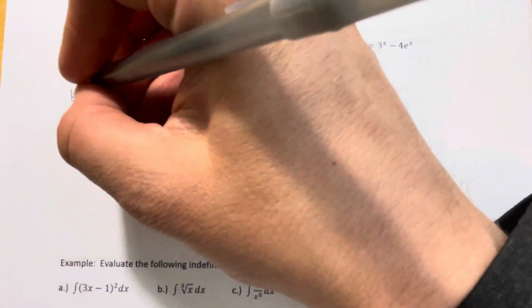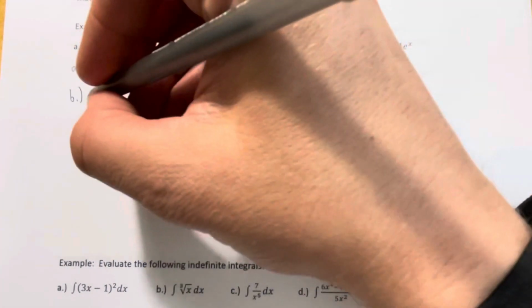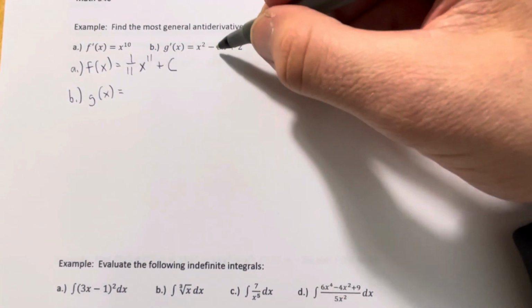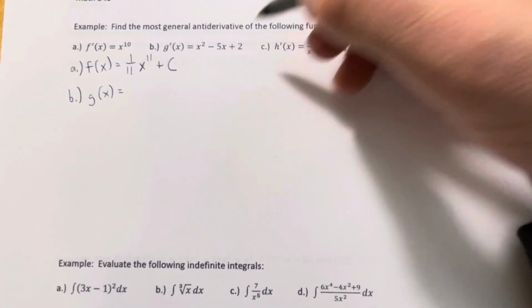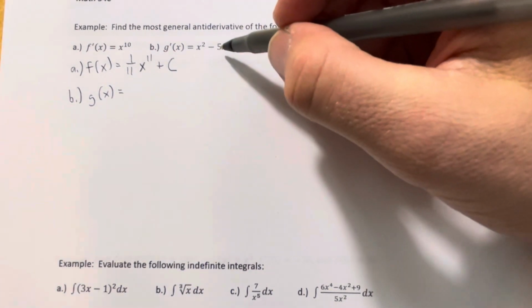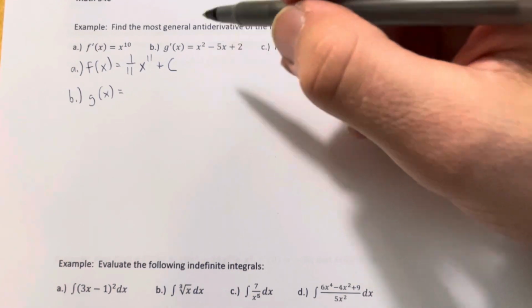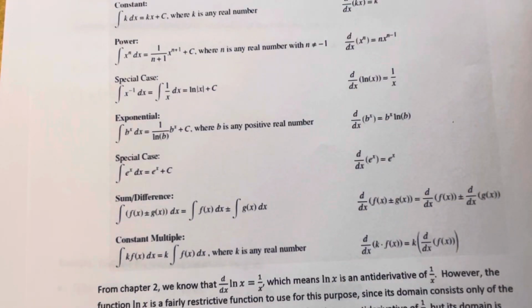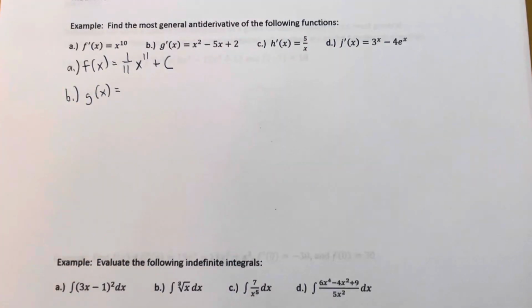Let's do another one. G prime of x equals x squared minus 5x plus 2. So here, if I want to find the antiderivative of this, notice on its own, it doesn't exactly match any of these specific rules, right? But it does include a combination of those rules.